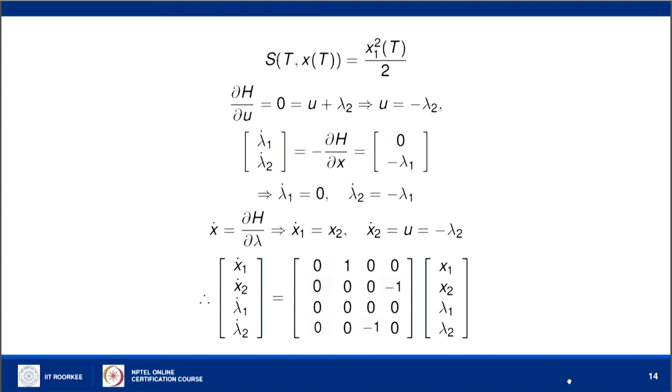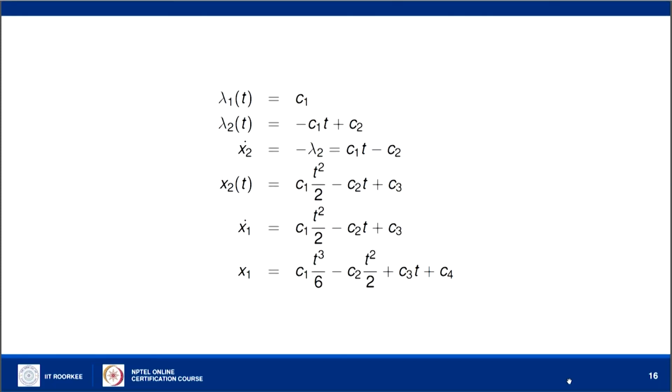So, these two are solved directly from here easily. Lambda 1 is a constant, lambda 2 is minus that constant t plus C2, and now we substitute this lambda 1, lambda 2 in the equation.